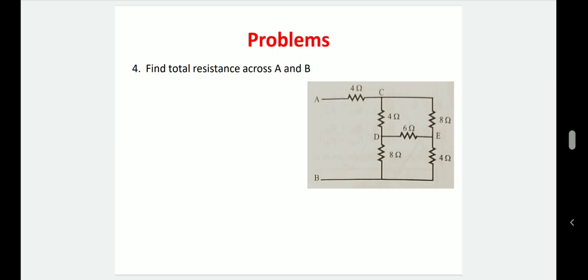By using only parallel and series combinations of resistors, we can't solve some problems. For such problems we need to apply star to delta or delta to star conversion.